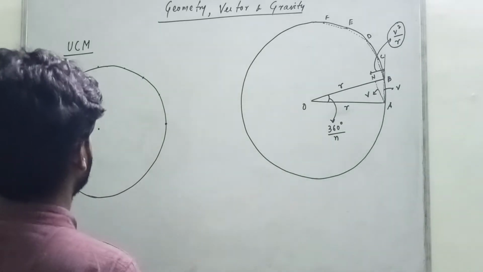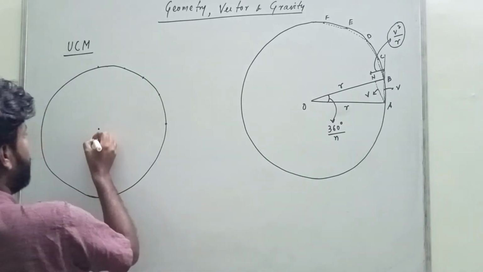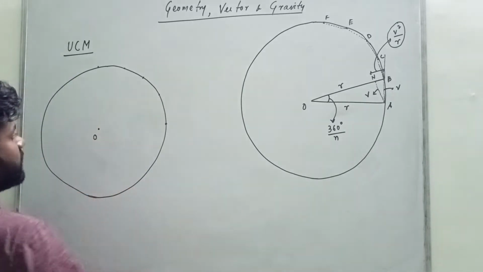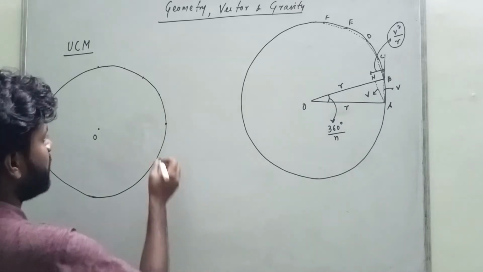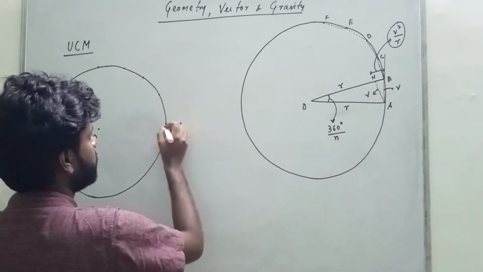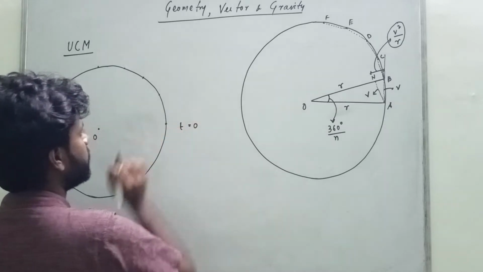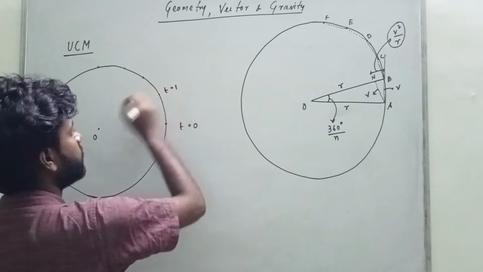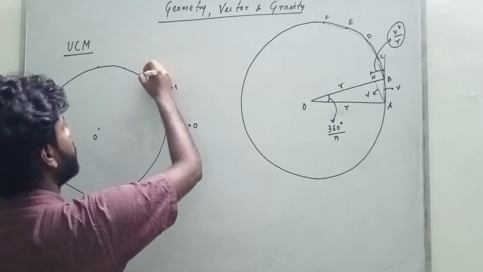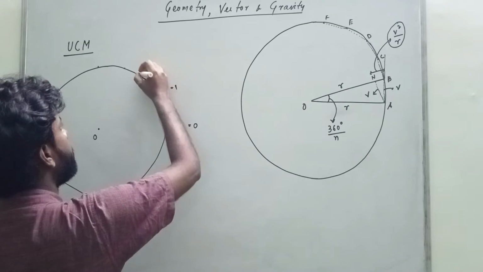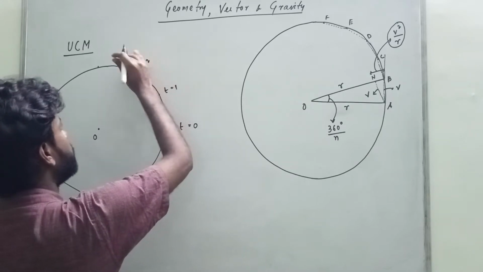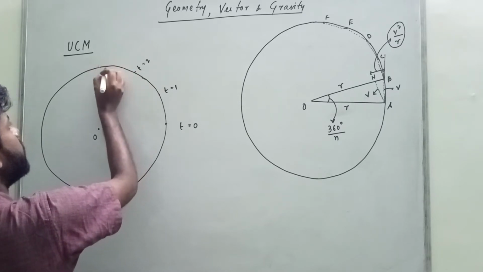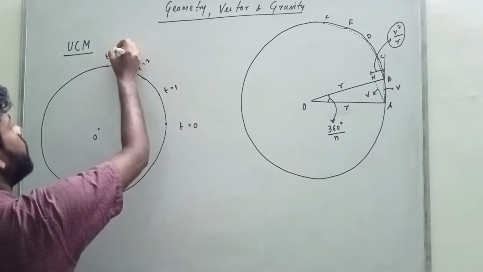So just take it, the center of this circle is O, and at time t equals 0 the particle is here, and at t equals 1 second it is here, t equals 2 seconds here, t equals 3 seconds here, t equals 4 seconds here, t equals 5 seconds here.